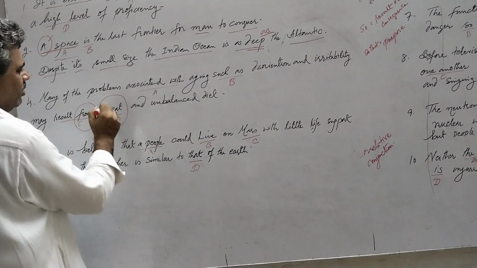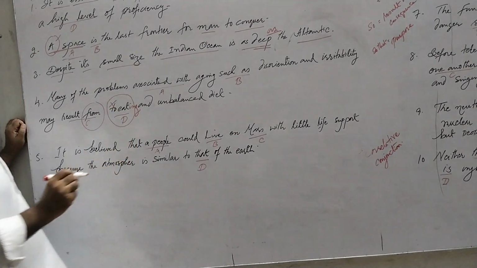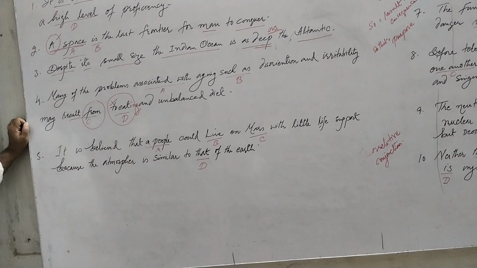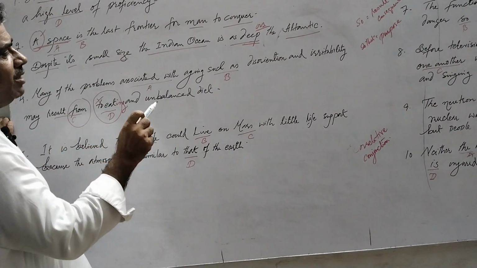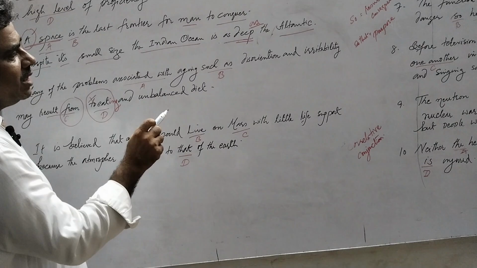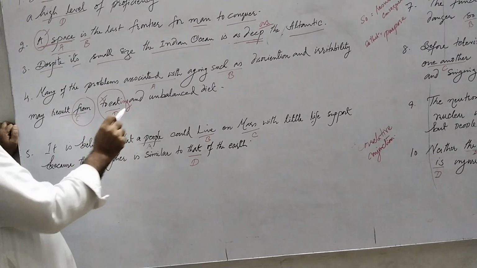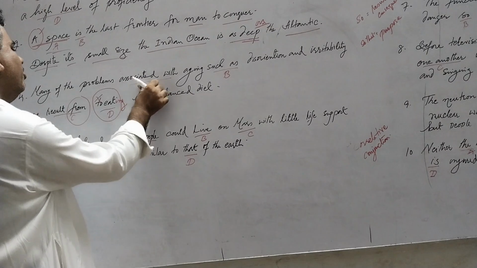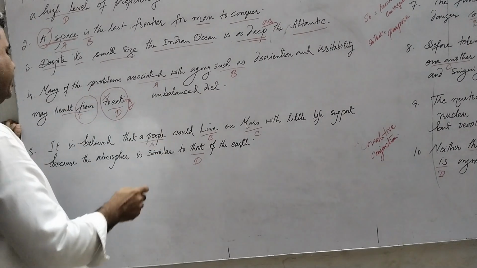So we have to remove to here and keep ing here, and that is gerund form. So the correct sentence will be here. Many of the problems associated with aging, such as disorientation and irritability, may result from eating unbalanced diet. We should remove and here. May result from eating unbalanced diet.